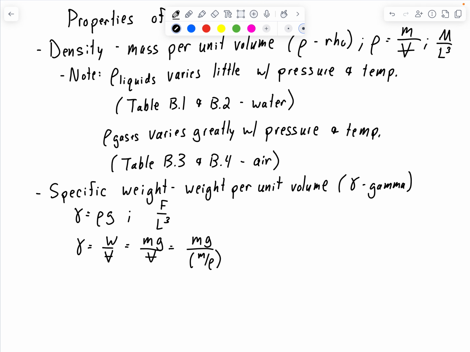So density is just mass per unit volume, so volume is mass per density. So the masses cancel out, and we're just left with rho g. So that's how we get our equation for specific weight. And this is a very common combination of variables, rho and g, and so we've given it its own name, the specific weight. So that's our second property that we're reviewing.